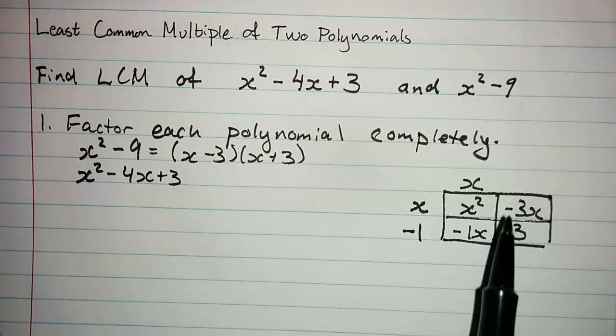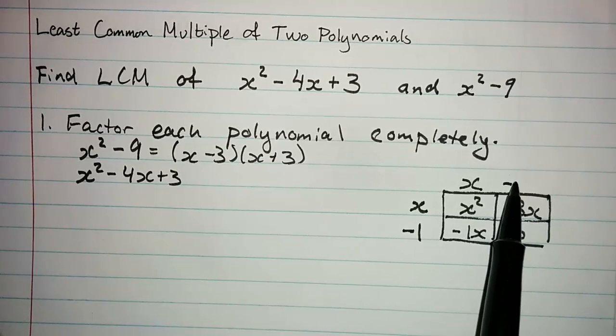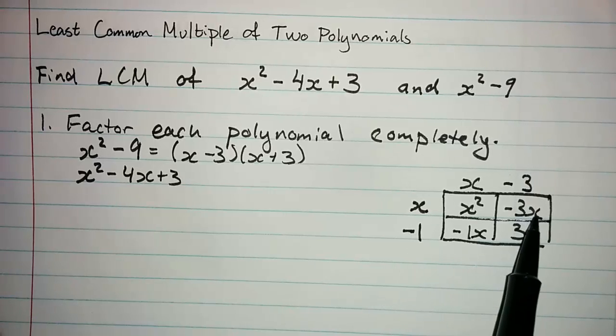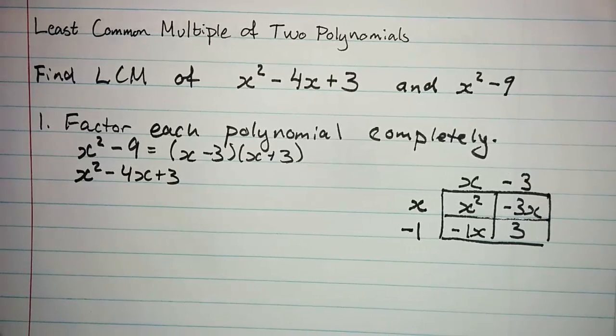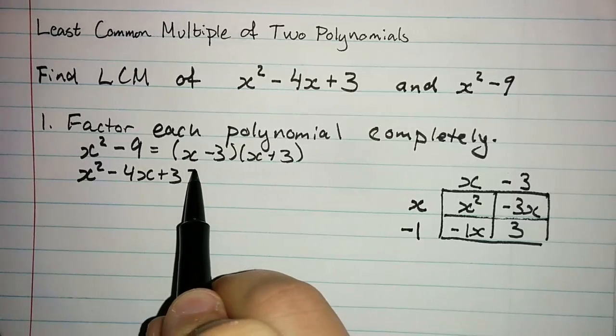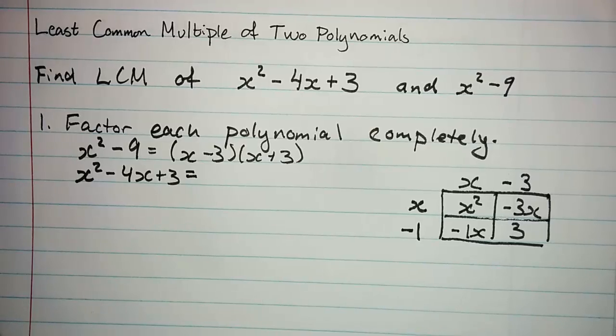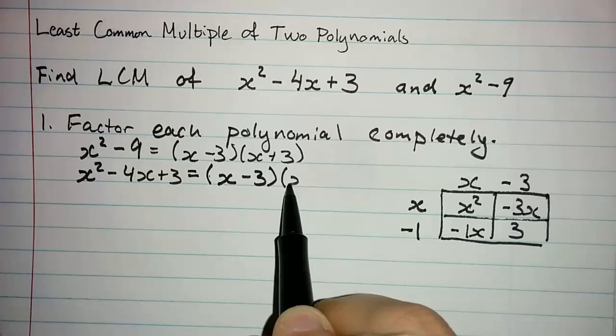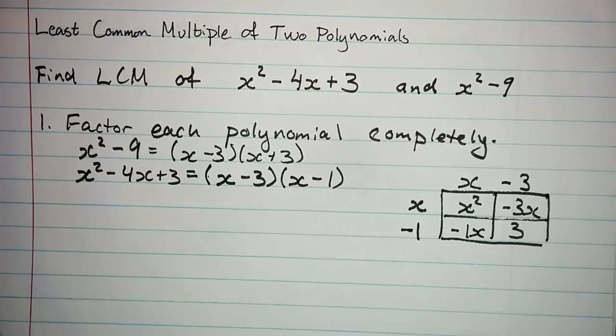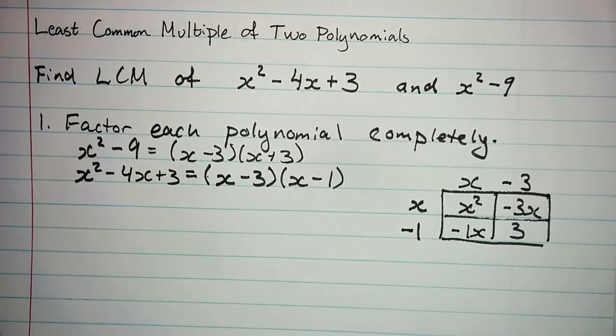X times what gives me negative 3x? X times negative 3 gives me negative 3x. Negative 3 times negative 1 is positive 3? Yes, it is. So I have x minus 3 times x minus 1 as my factors.